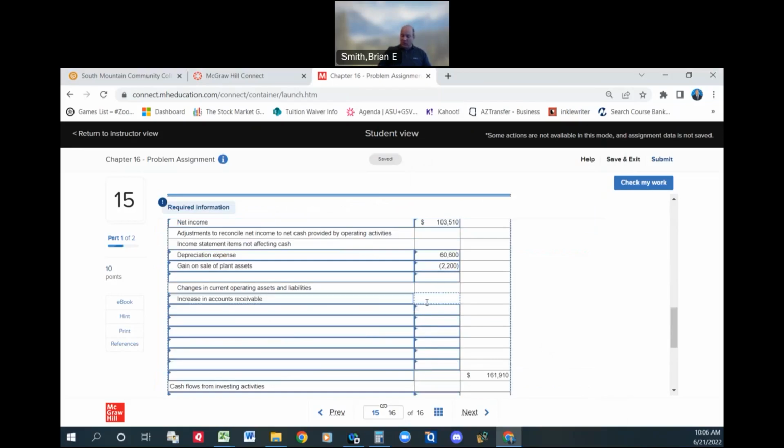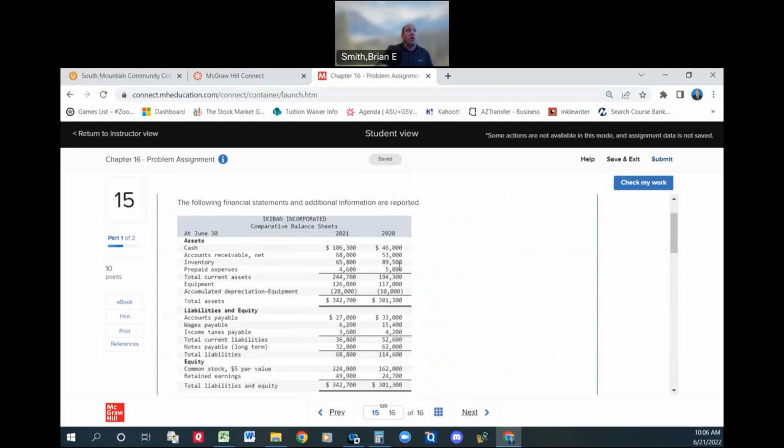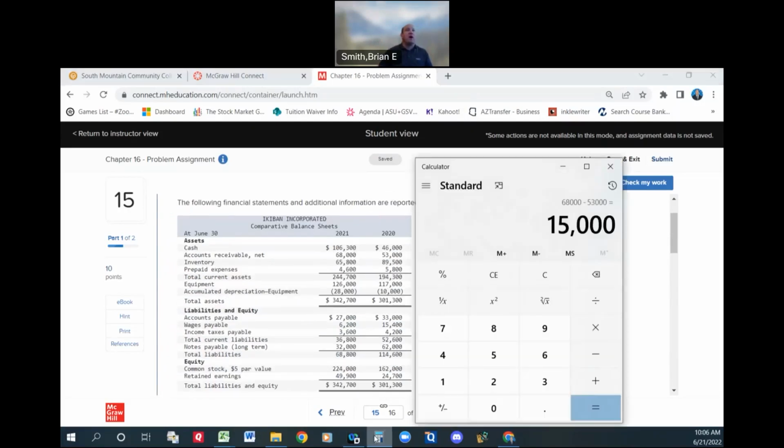So we're going to decrease $15,000. Remember, if current assets increase, we're going to decrease it from net income. If they decrease, we're going to increase net income. So that's what we're doing. Inventory decreased, so we'll increase this by 89,500 minus 23,700.